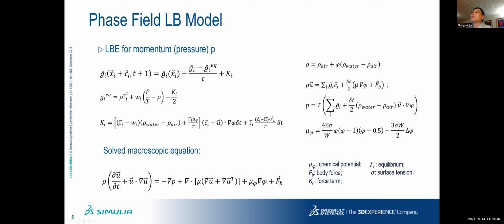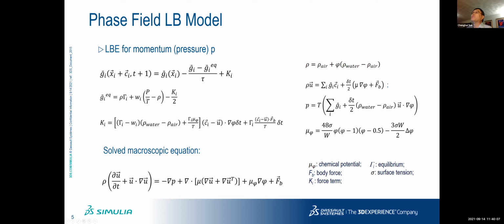Again, the first term of the equilibrium is a standard equilibrium. The second term of the equilibrium is for removal of the pressure generated by the gradient of density.